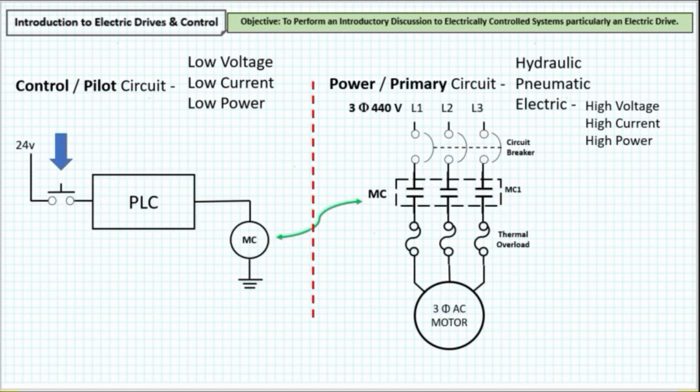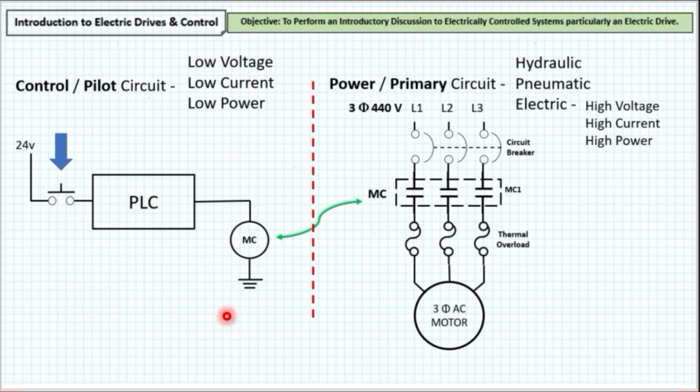So consider a 3-phase AC motor with a high voltage rating of 440 volts, which is controlled by a PLC, or programmable logic controller. The moment we press this, something will happen.